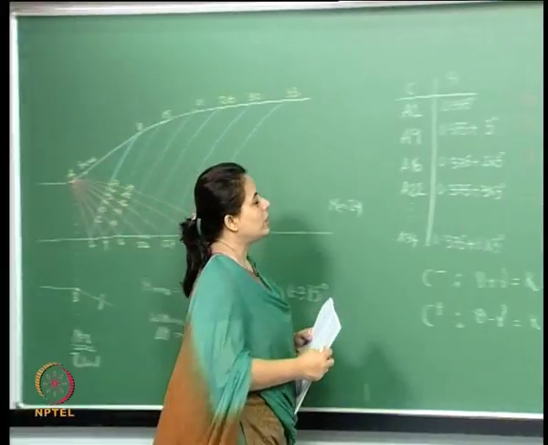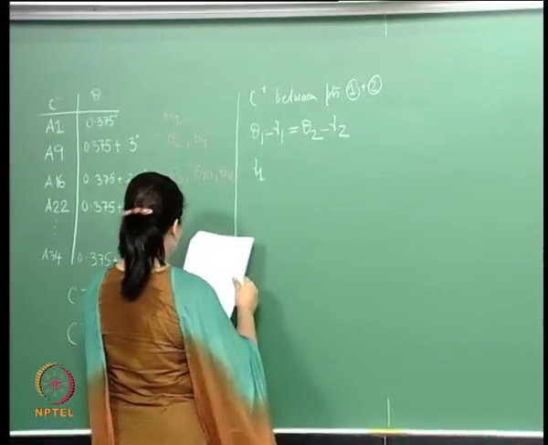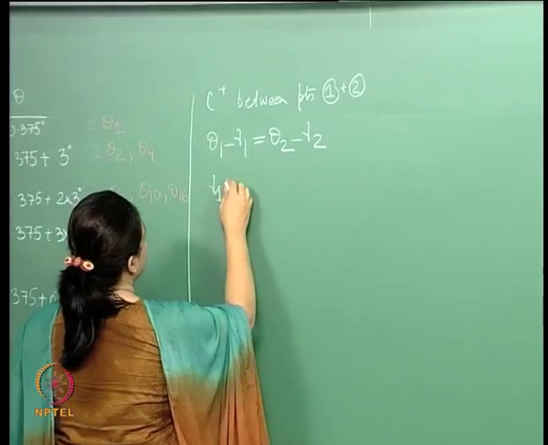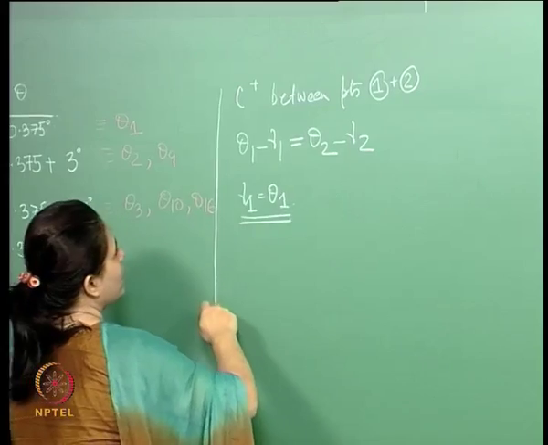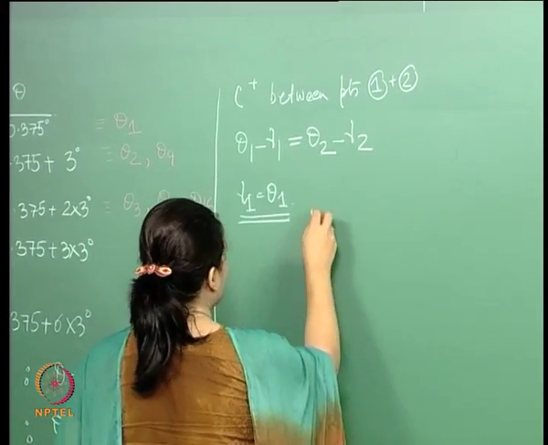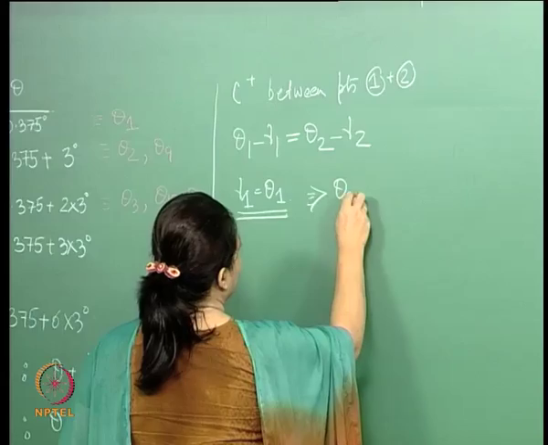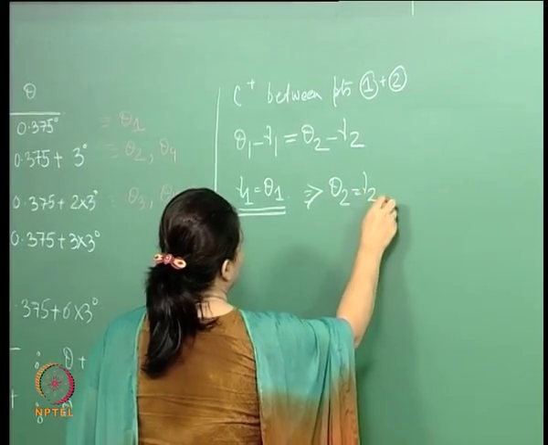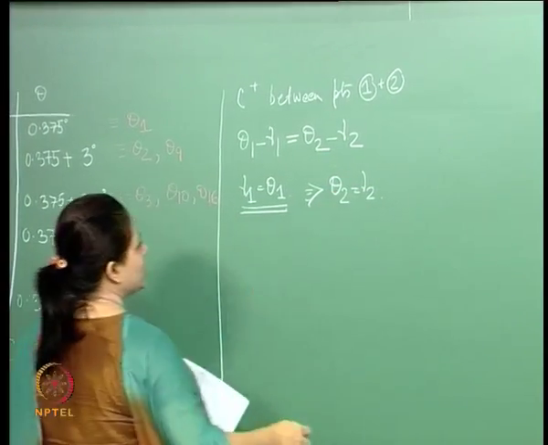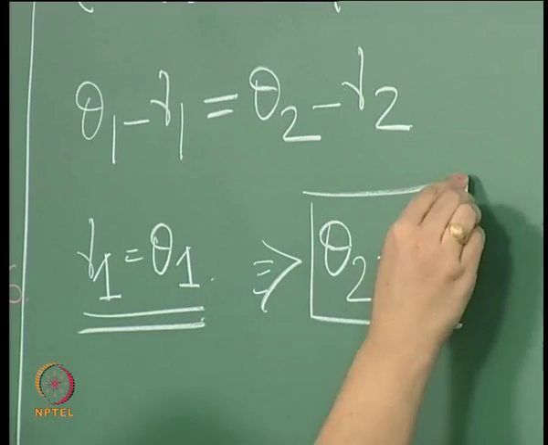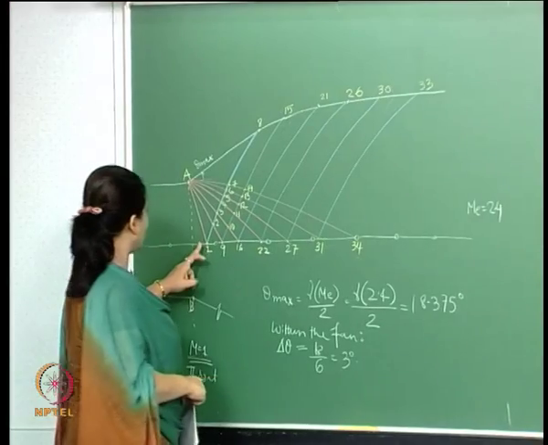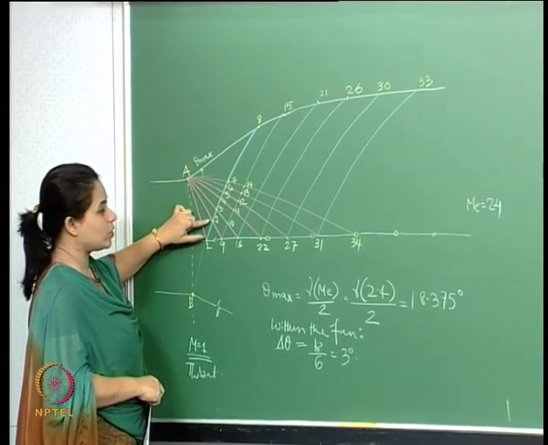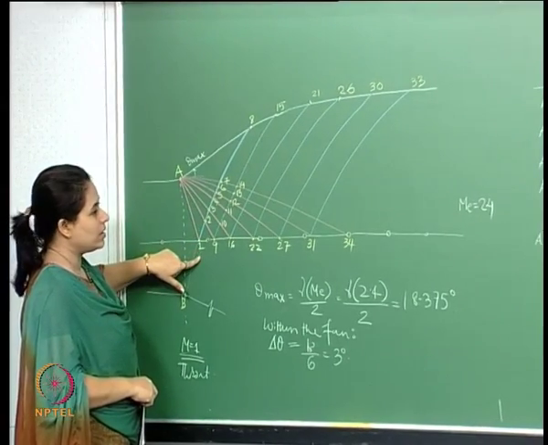Therefore mu 1 is equal to theta 1, which means theta 2 is equal to mu 2 on this characteristic line. So theta 2 is equal to mu 2, and theta 1 is equal to mu 1.